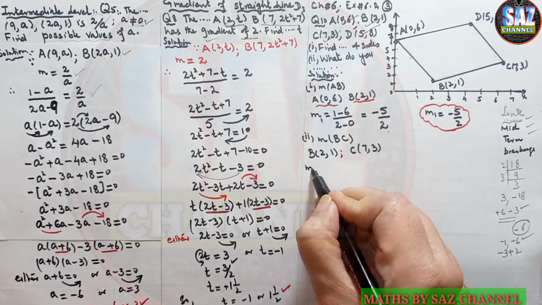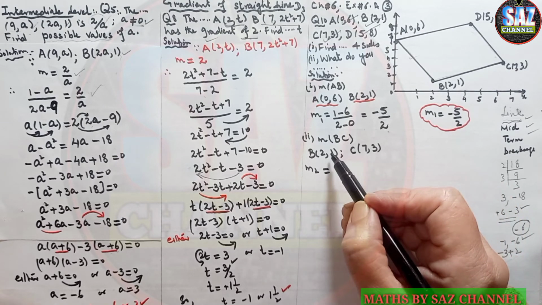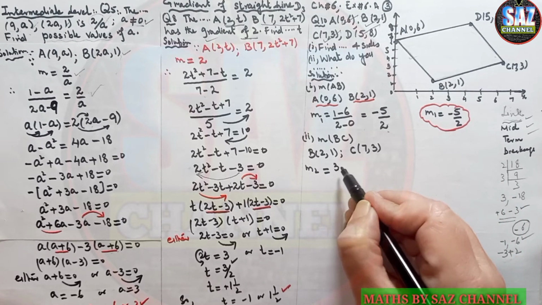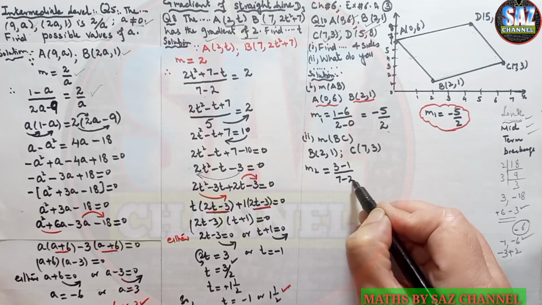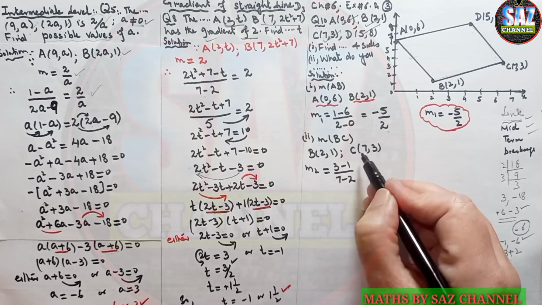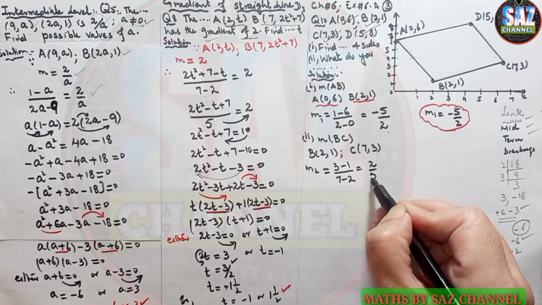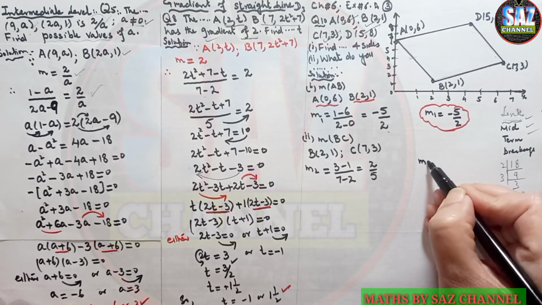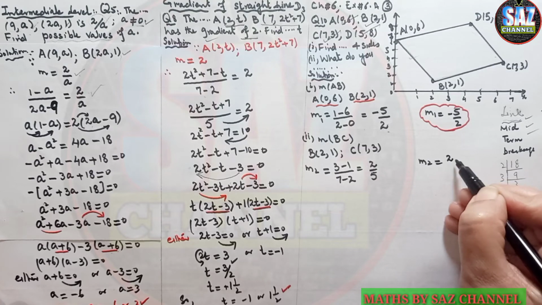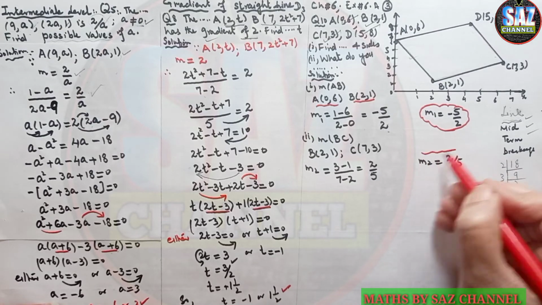So m2 will be equal to 3 minus 1 upon 7 minus 2, which is 2 upon 5. So m2, the gradient of BC, equals 2 by 5. Let me block this answer quickly.